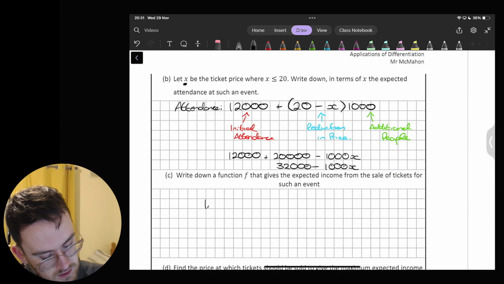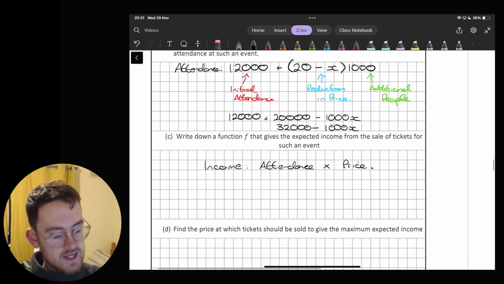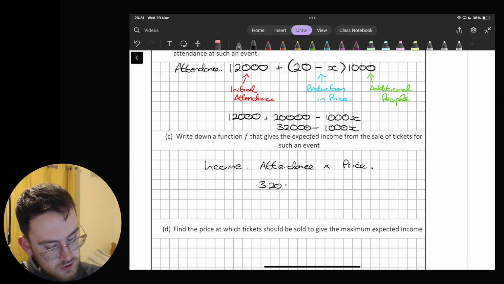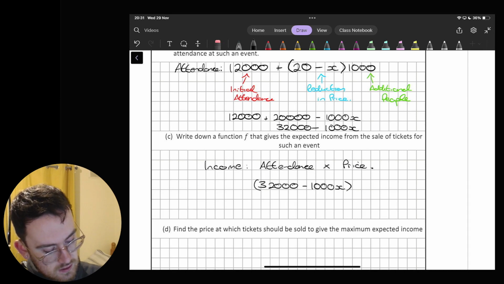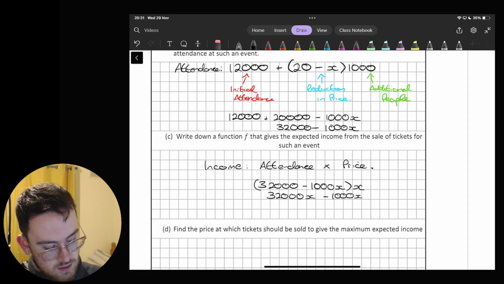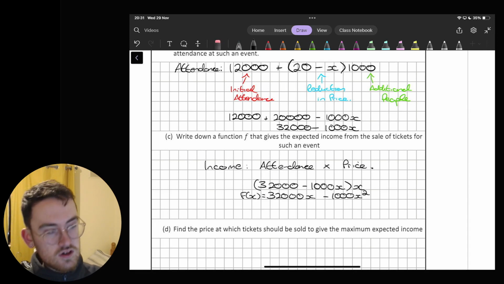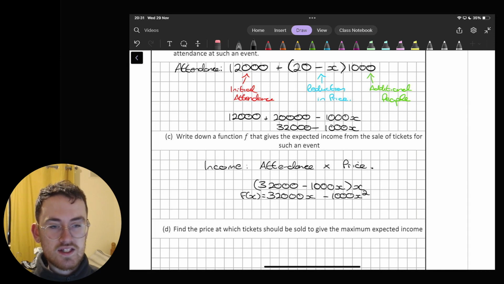And to get the income I need to multiply attendance by price, making sure that we're noting here that the price at this stage of the question is not even 20 but is in fact x, because we're accounting for the fact that the price is variable if they want to increase the number of people going. So my income here, and they're calling it f, so f of x is 32,000x minus 1,000x squared.